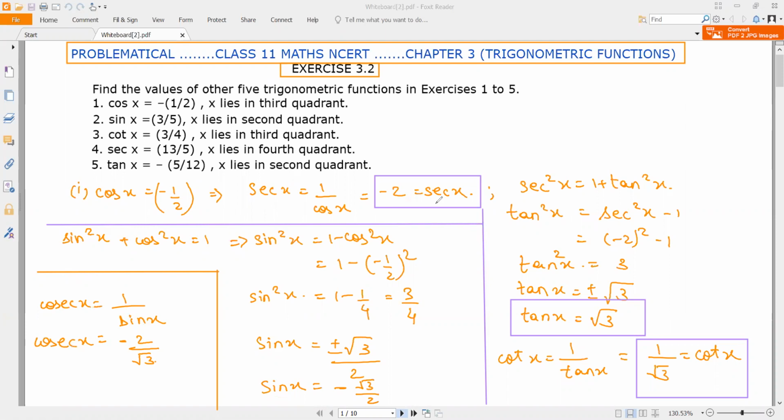So the other trigonometric functions are as follows. Sin x is minus root 3 upon 2, cosec x minus 2 upon root 3, cot x 1 upon root 3, tan x root 3, sec x minus 2, and cos x minus 1 by 2 is given.